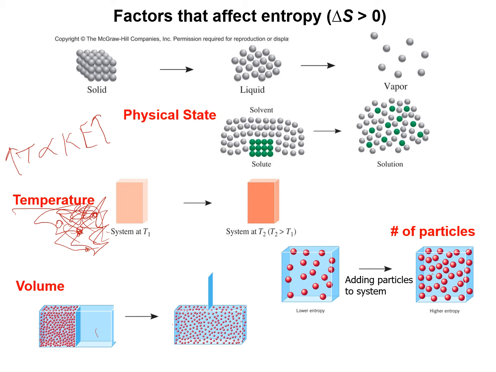There would be more disorderliness created because now I have more volume. It's a kind of similar idea to when something goes from liquid to gas. If there's more volume, more space, they're going to move around even more, meaning this system is going to be much more disordered. So I increase the disorderliness of the system by increasing the volume, meaning I increase the entropy of the system, right?